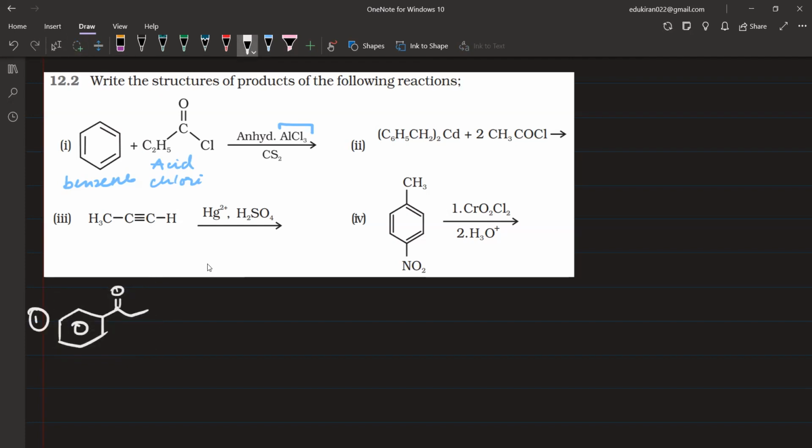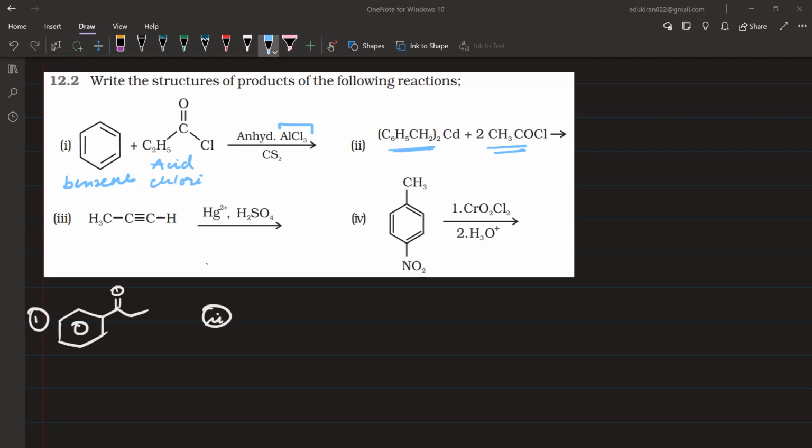Second, what is this reaction, tell me? Method of preparation from acyl chlorides.